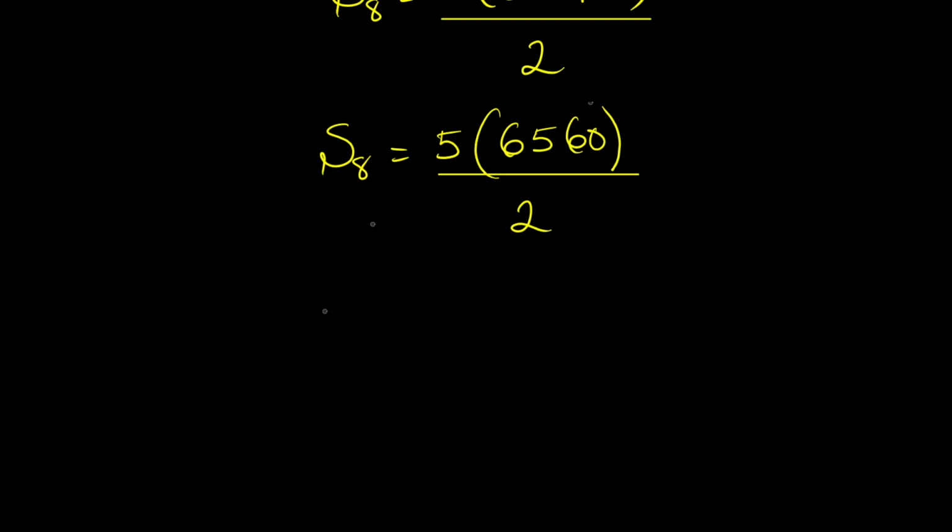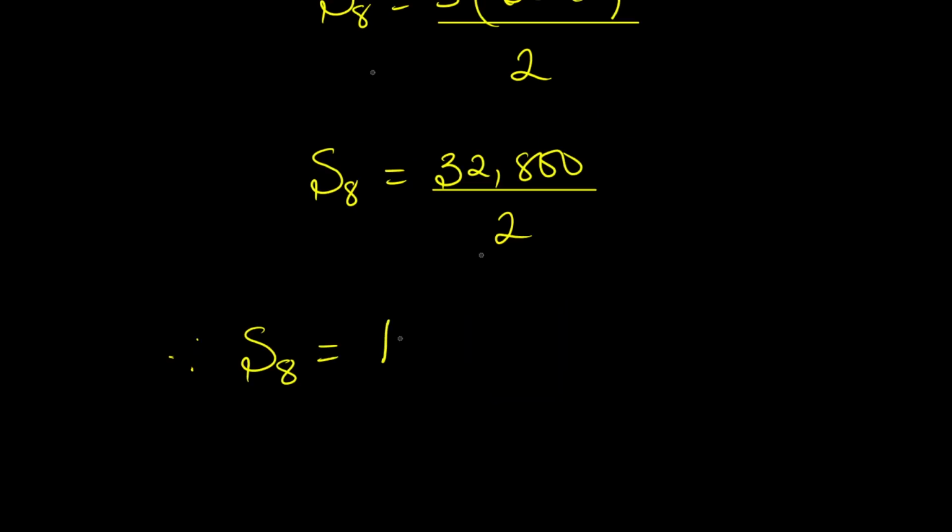Proceeding further, we are going to have that our sum will be equal to 5 times 6,560, which is 32,800, all over 2, which is 16,400.